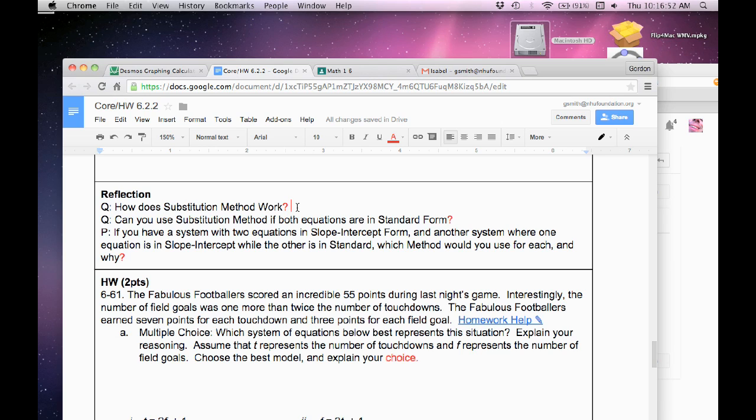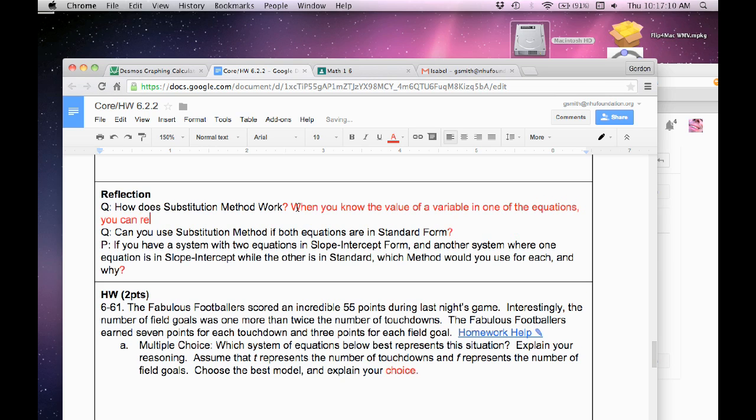So when you know the value of a variable in one of the equations, you can replace it with the equivalent expression into the other equation.